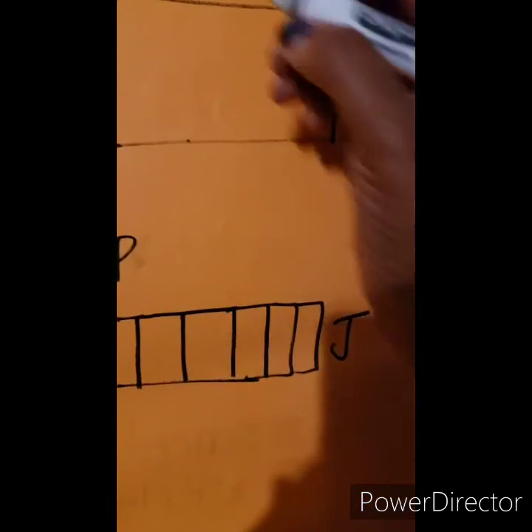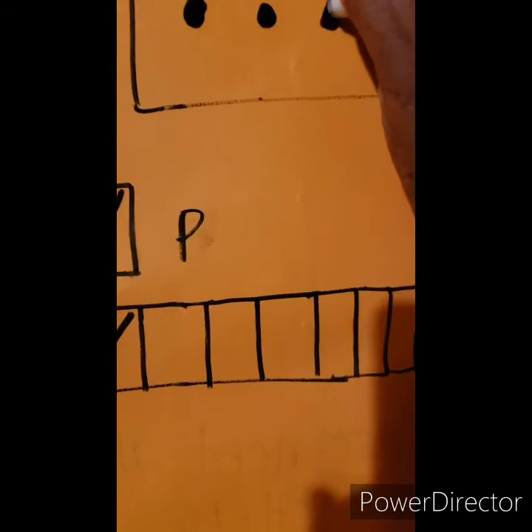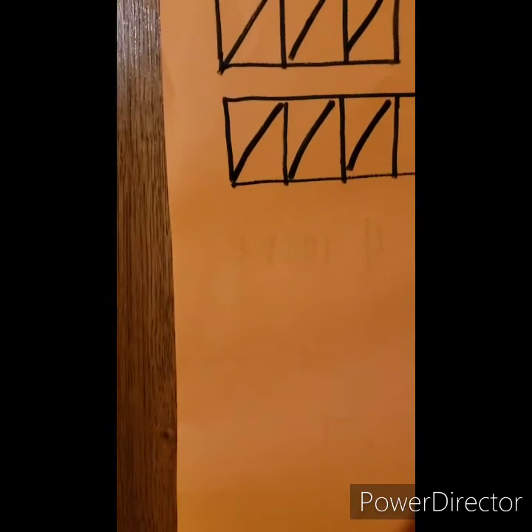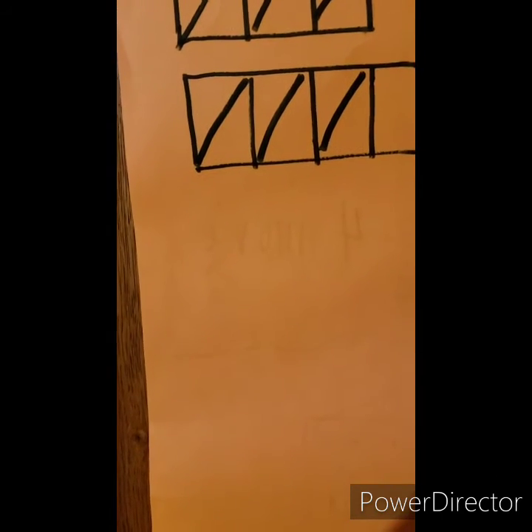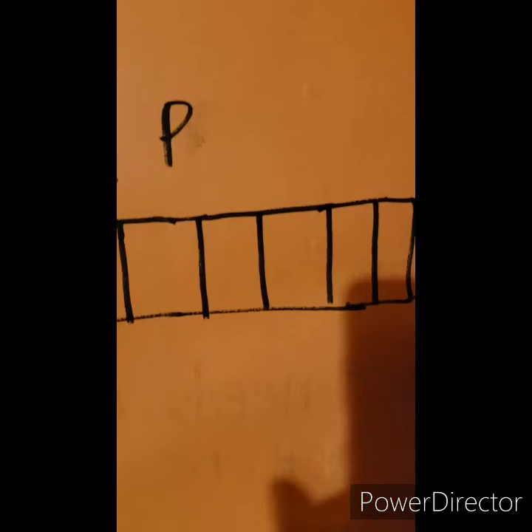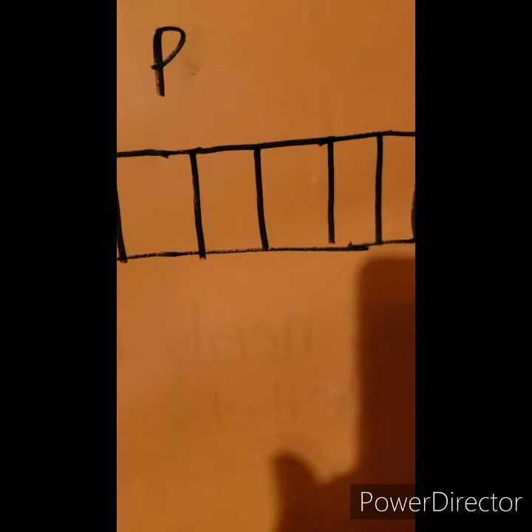All right, so let's go on and set up our problem. So we have 3 here, and we're going to put our question mark here, no, I'm sorry, question mark doesn't go there.